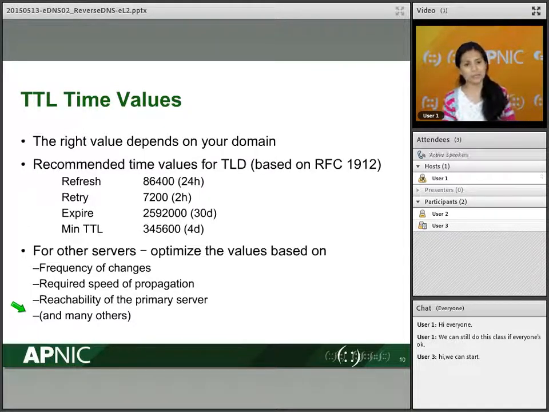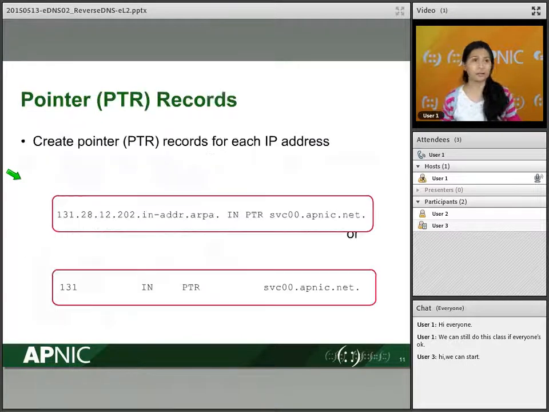You have DNS for all the nodes that are connecting, and maybe you have a DHCP server that gives them different addresses every time. So it has that impact. If your DNS changes frequently, then you set it to a lower value. If you're sure that it doesn't change for a long time, then you set it to a higher value. But the recommended values, you can find them in RFC 1912. Refresh time is normally 24 hours, 2 hours for retry, 30 days or 1 month for expire time, and minimum TTL is about 4 days.